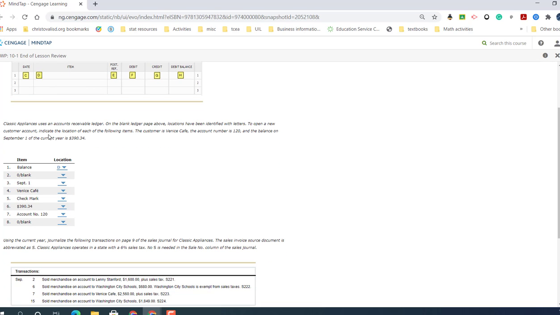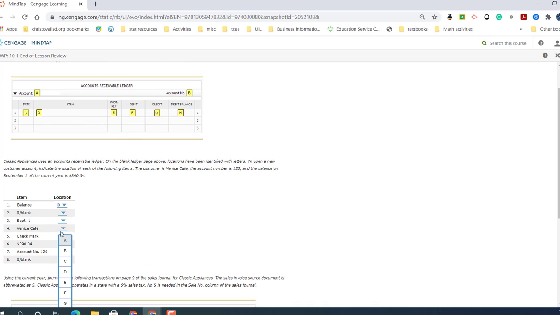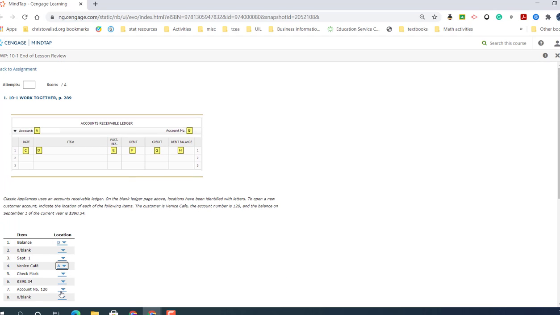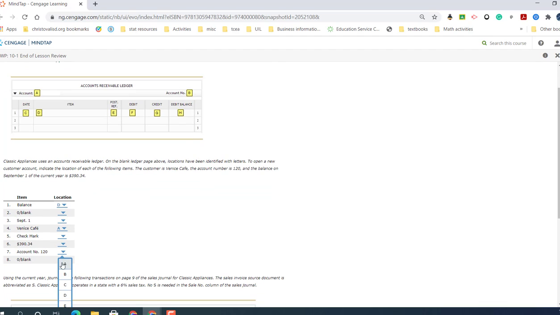A is going to be the name of the company. B is the account number, and it tells us the account number is 120, so that goes in B. Column C is going to be the date. D is going to be the word balance.